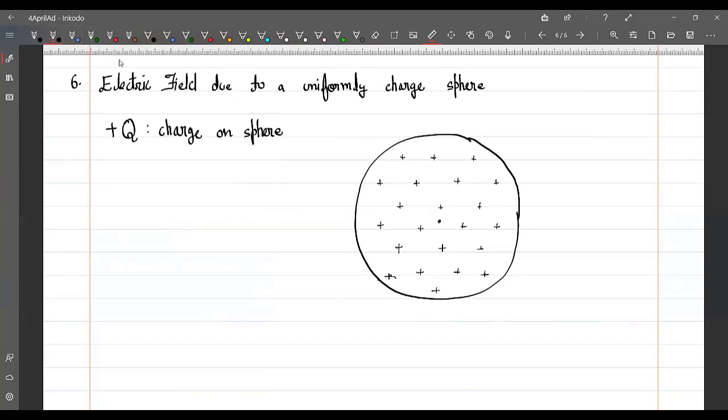So let us say the radius is capital R. Charge on it is capital Q. The volume charge density, written as rho, will be given by charge divided by the volume, 4 by 3 pi R cube. This will come in handy later in the calculations.